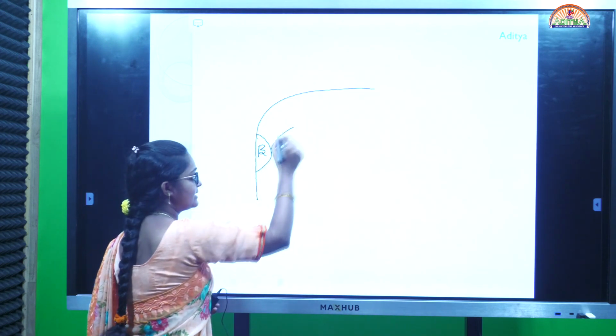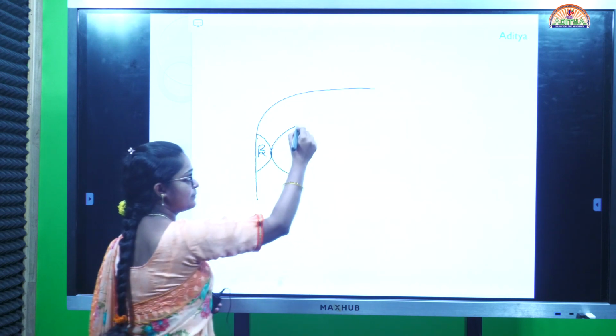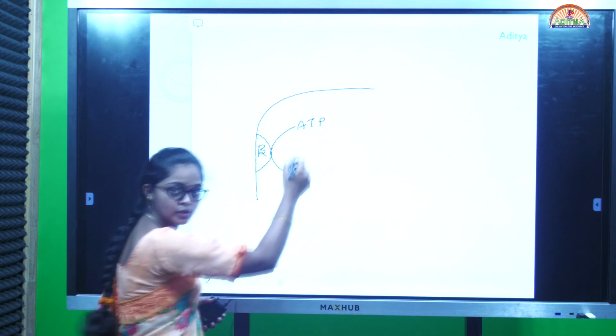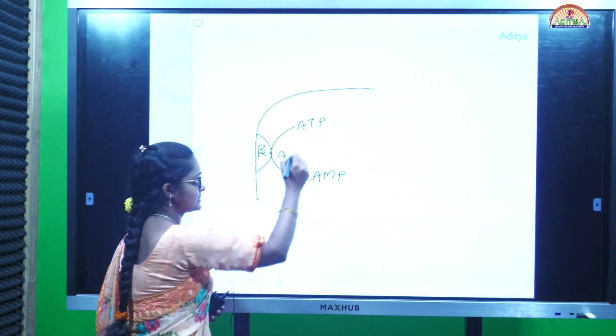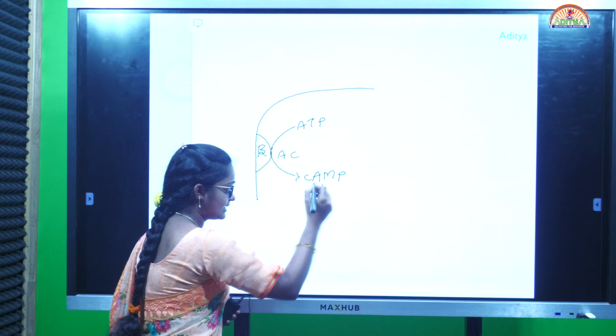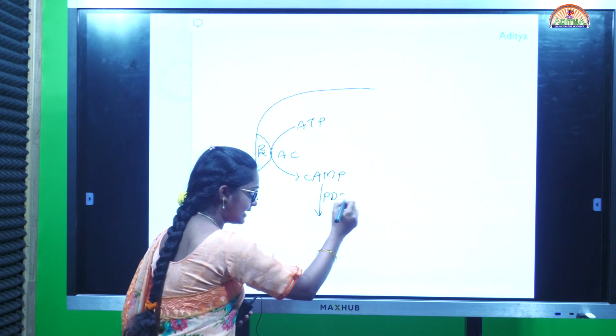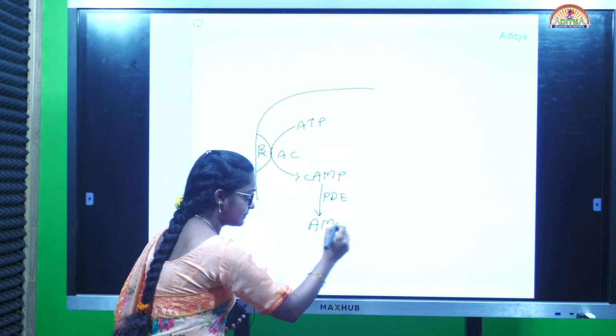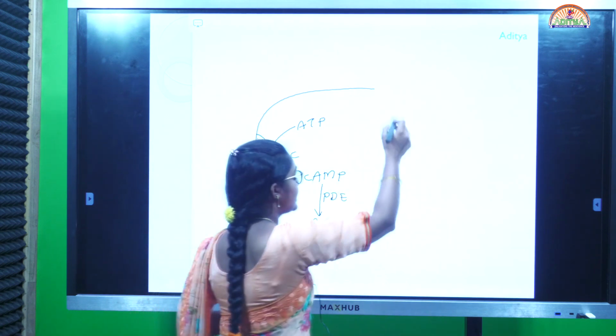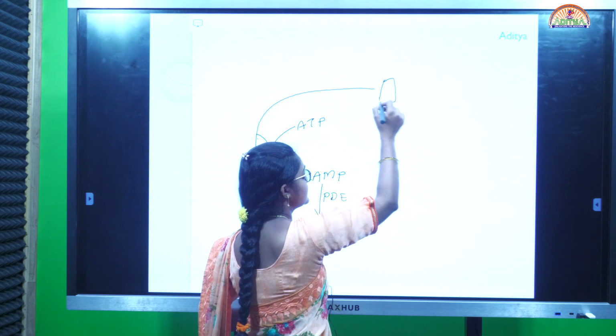Beta receptors activate the conversion of ATP into cyclic AMP in the presence of adenyl cyclase, and phosphodiesterase enzyme converts cyclic AMP into AMP. Here, calcium entry will occur.